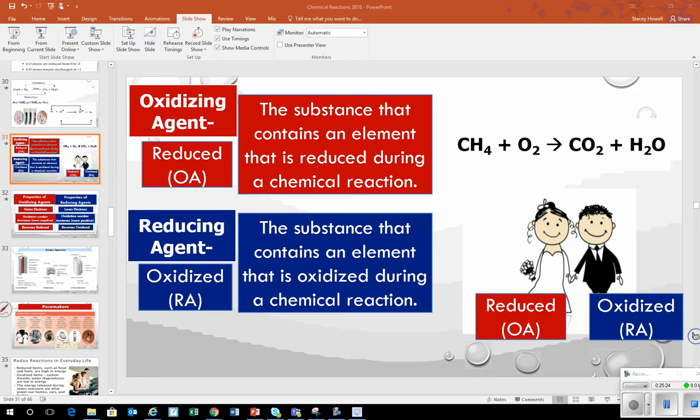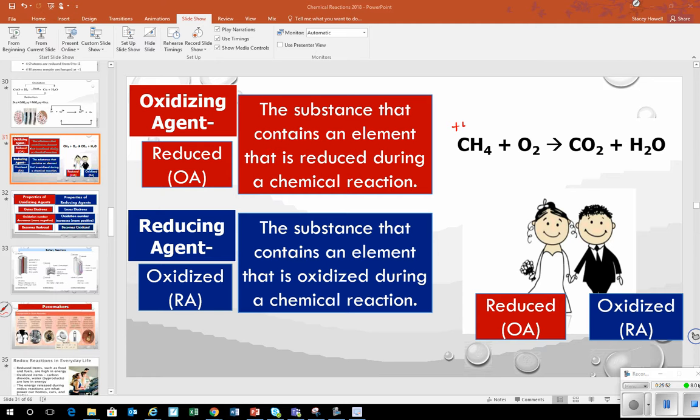Okay, so if something's being oxidized, they're also the reducing agent, because redox has to happen together, or it doesn't happen at all. So in order to be oxidized, I'm forcing someone else to be reduced. So if I'm oxidized, I'm the reducing agent. If I'm reduced, I'm the oxidizing agent, because they have to happen together, sort of like a bride and groom have to be together to make marriage. Okay? So this is the equation that we did before.